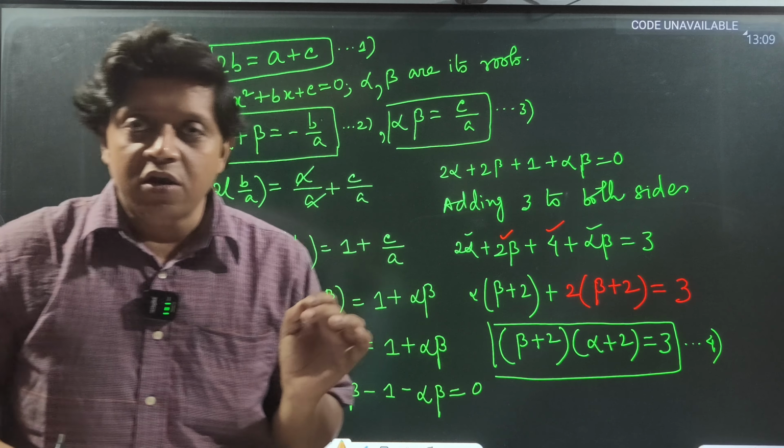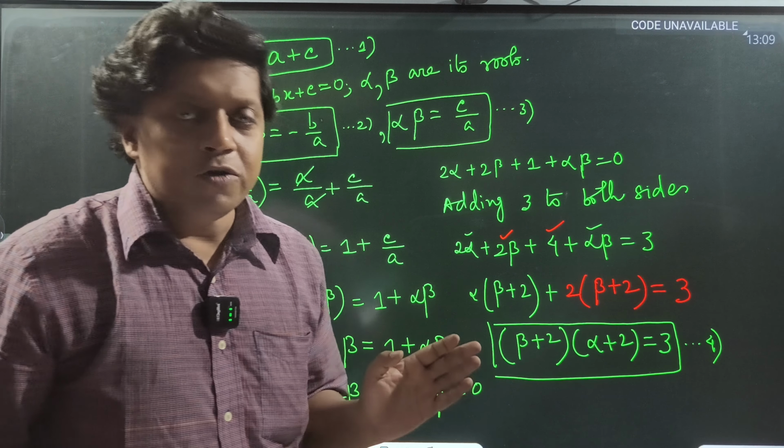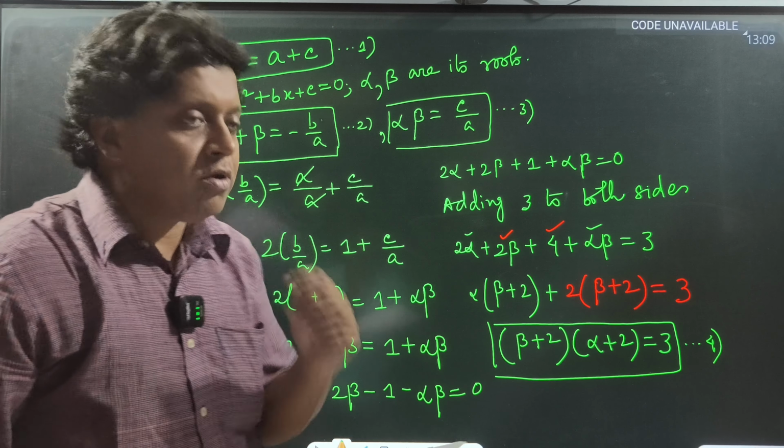So the ordered pair, all of you must have learned the concept of ordered pairs in class 11 and class 12 when you were preparing for IIT Mains and Advanced. So the ordered pairs that alpha plus 2 and beta plus 2 can assume are, I'll write it down.